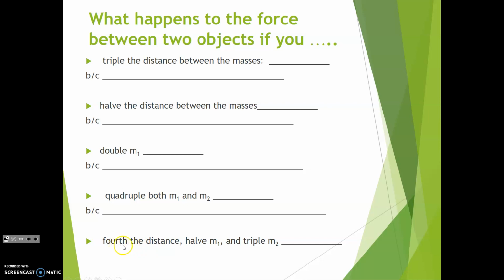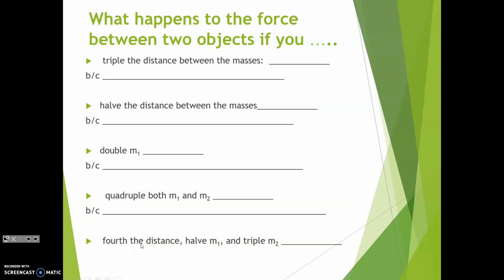What happens if you quarter the distance, half mass 1, and triple mass 2? So this one, you're going to kind of write it out. It would be easiest if you write it out. So let's do the easy one. Half of mass 1. That's linear, so you just half the force. Then you'll triple mass 2. So that becomes 3. So you have the half times the 3, so that becomes 3/2.